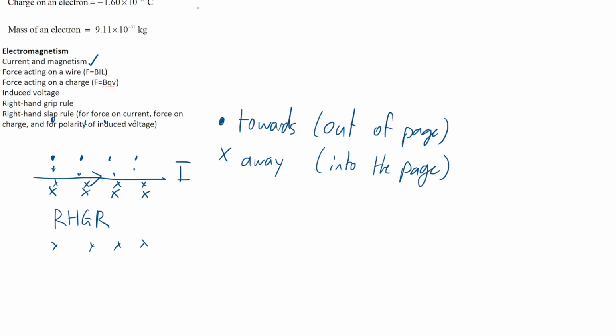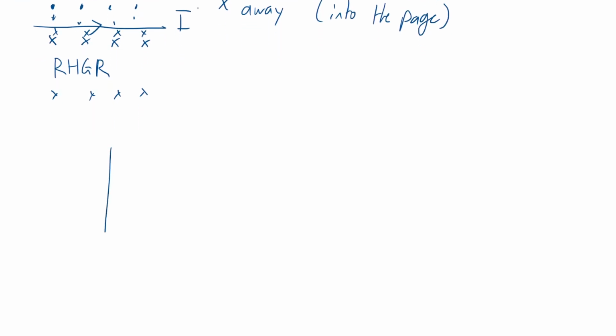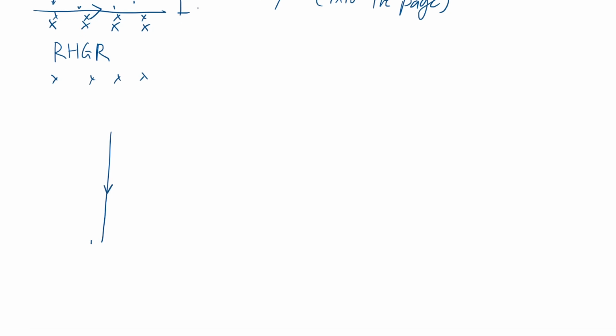Alright, now let's look at force acting on a wire. Now this is a wire with current, so you know it'll be connected to some circuit somewhere, and it is inside of an existing, external magnetic field.